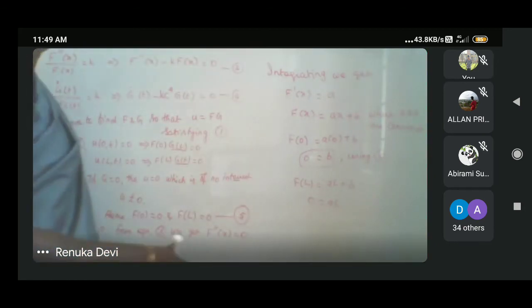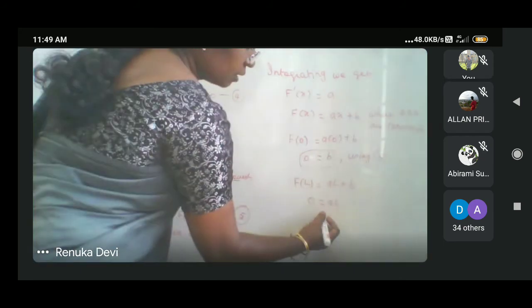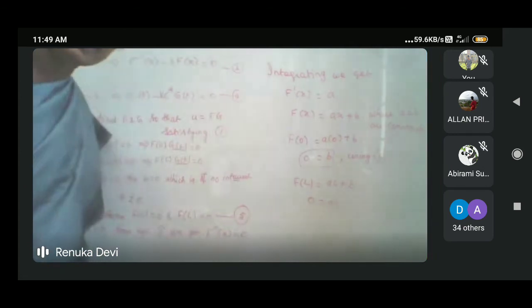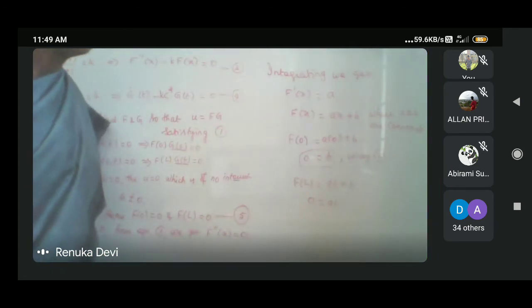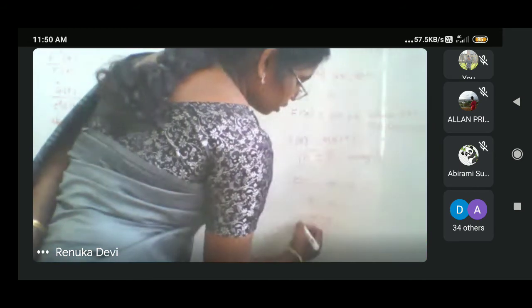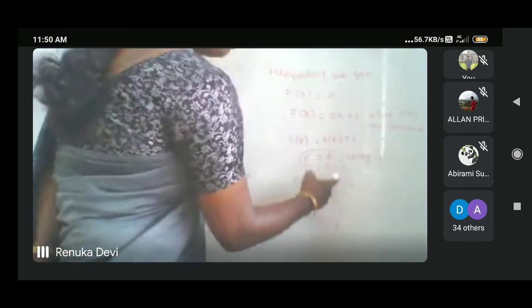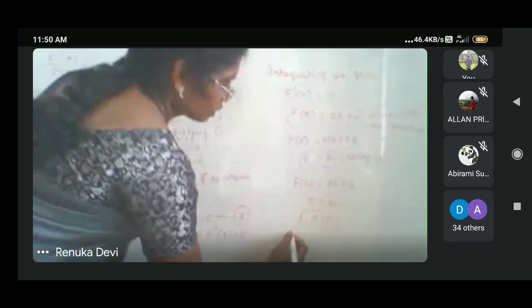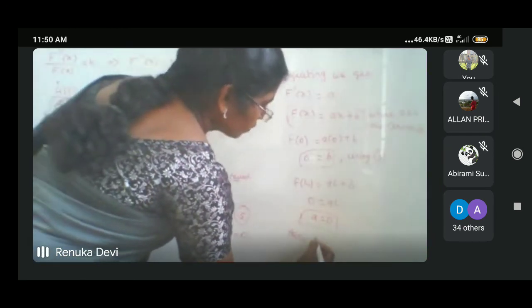Therefore, what is our a? L is not 0. Why is L not 0? L is the length of the wire. It cannot be 0. Therefore, a is 0. With a 0 and b 0, f of x will be 0.